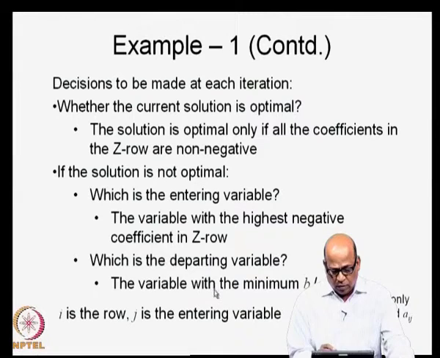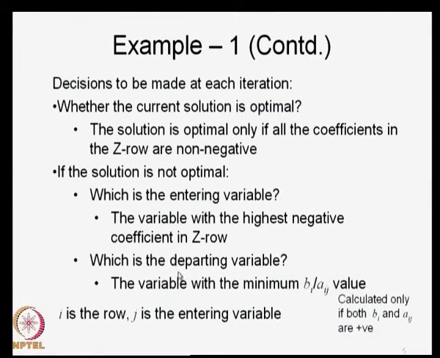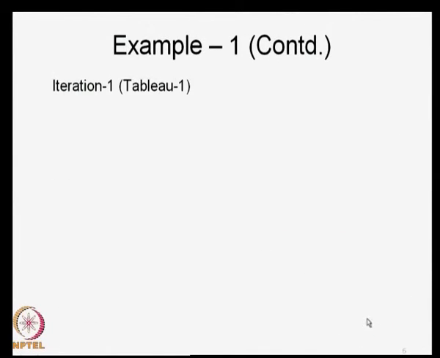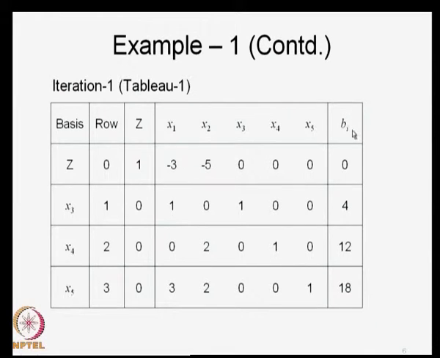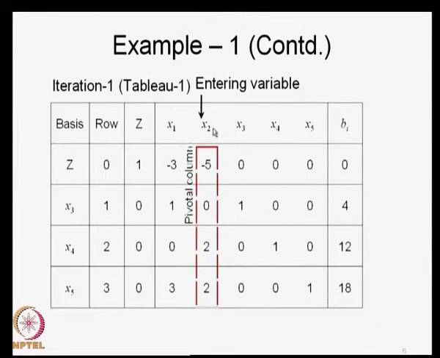The variable with the minimum Bi by Aij is the departing variable, where i is the row and j is the entering variable. This is calculated only if both Bi and Aij are positive. We identify the entering variable column and start calculating Bi by Aij. If you understand this part correctly, then everything is simple. So, we calculate Bi by Aij if both of these are non-negative.